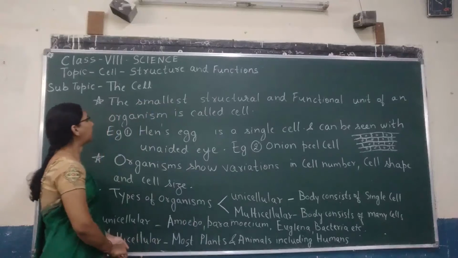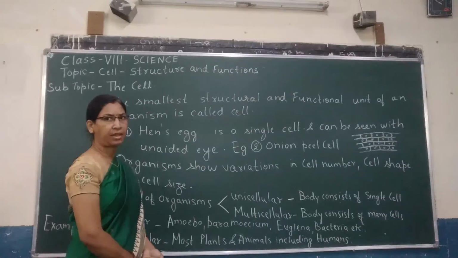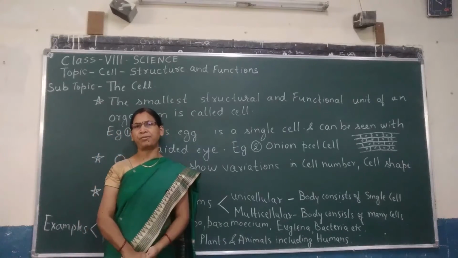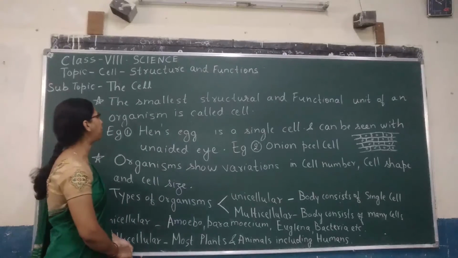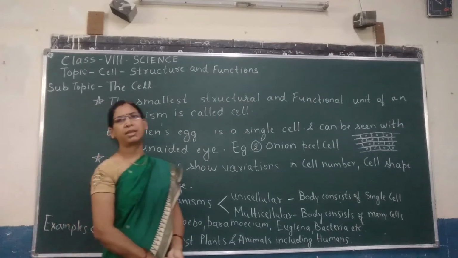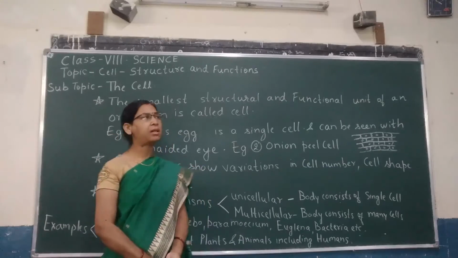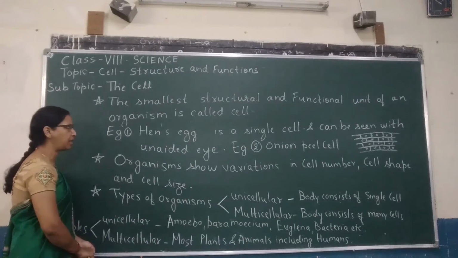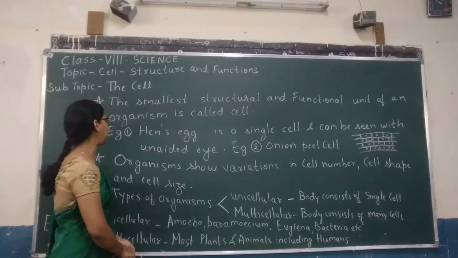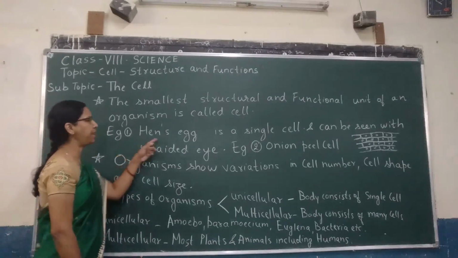Dear children, let us learn about cell in detail. Let us try to define it first. The smallest structural and functional unit of an organism is called cell. Let me repeat it once again. The smallest structural and functional unit of an organism is called cell. For example, hen's egg.